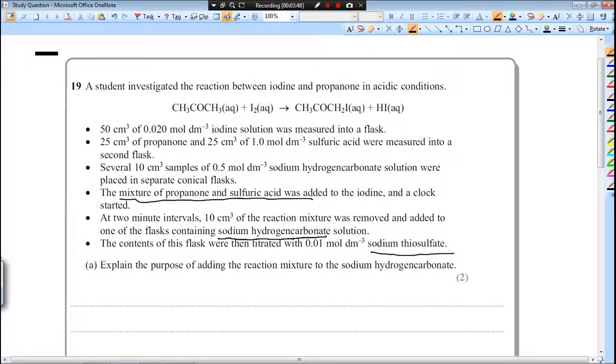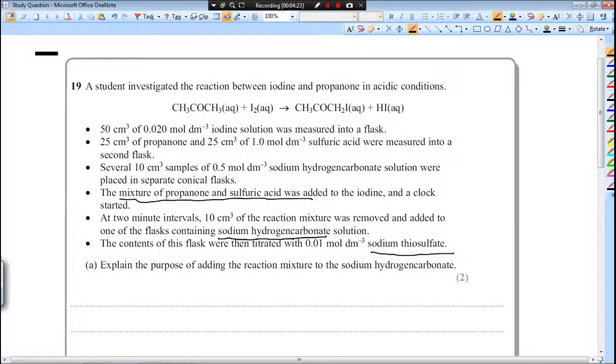So finally we are going to titrate those several samples with sodium thiosulfate, and we are going to carry out several titrations. I hope that you have understood the experiment scenario. So let us look at the question that is asked here.